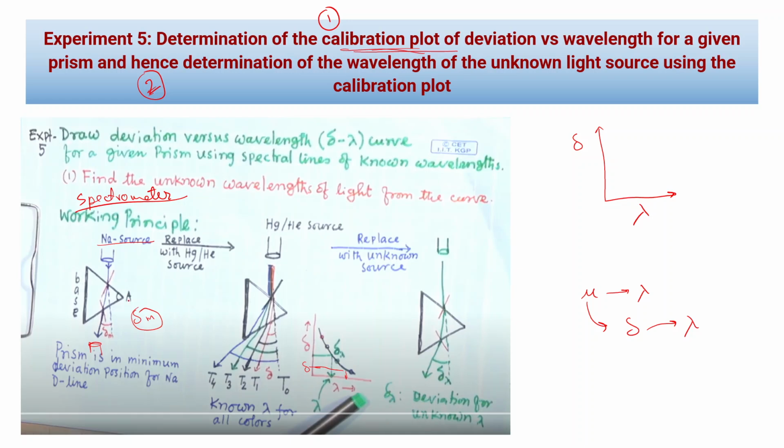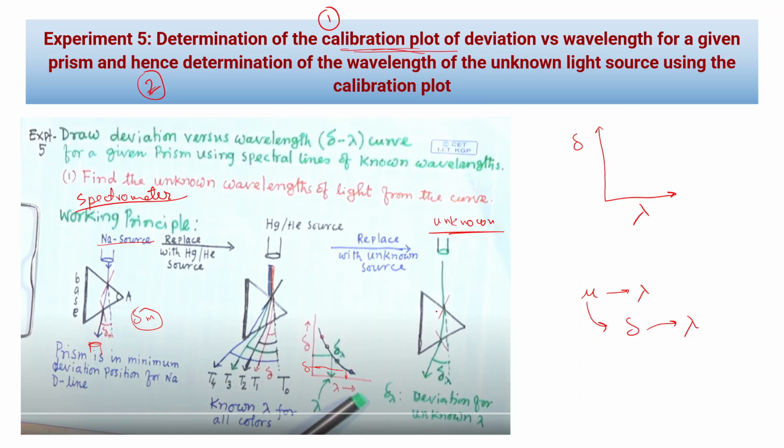All this that we were doing in these 2 steps was to get this plot, and that's why we call it the calibration plot. Once we get a calibration plot for a given prism and its position, then without disturbing the prism, when we replace the source with an unknown source whose wavelength I don't know, I take the deviation I am getting.